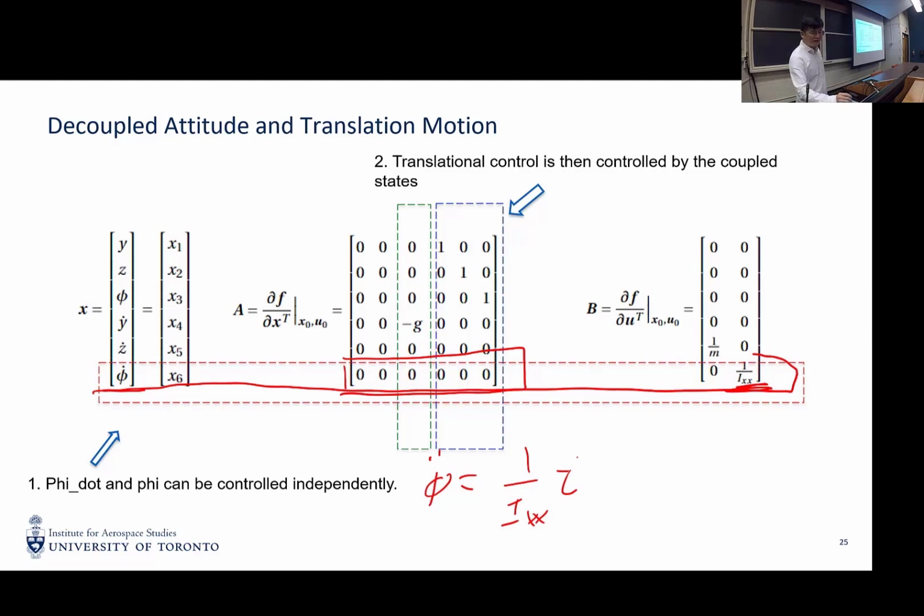And after we get a controller to stabilize phi, if we take a look at the remaining part, the y dot, which is horizontal motion, is actually affected by, because we have this minus g here, and this is on the second column, so it's actually affected by our phi. So if we can control the phi, then we can control the translational movement. This gives us an insight into how to design the controller in such a cascade form.